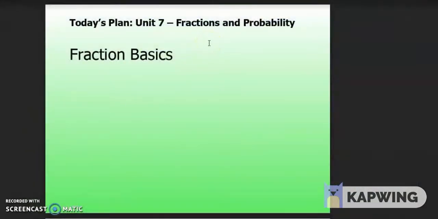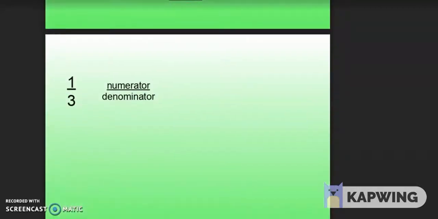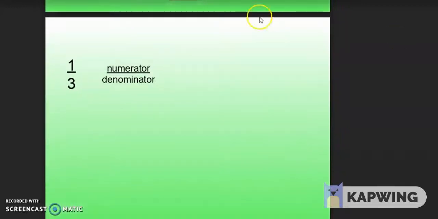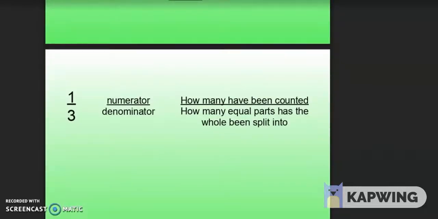So some fraction basics. Here we go. So this would be 1/3, where 1 is our numerator and 3 would be our denominator. The top number is called the numerator, the bottom number is called the denominator.